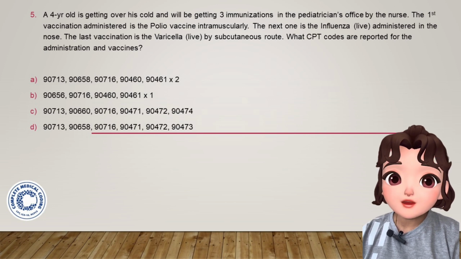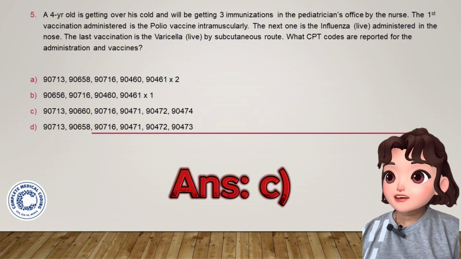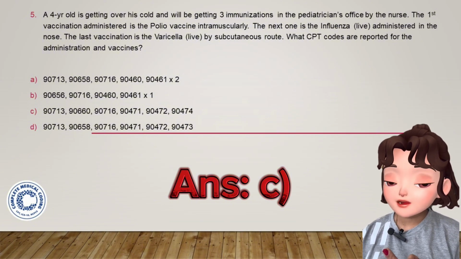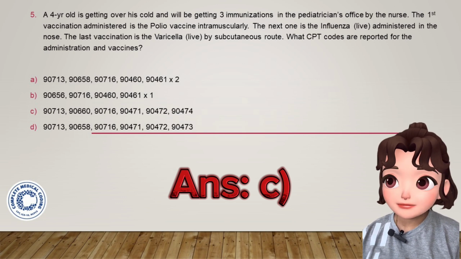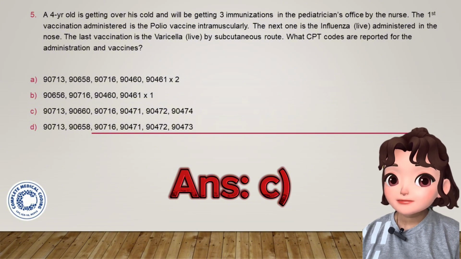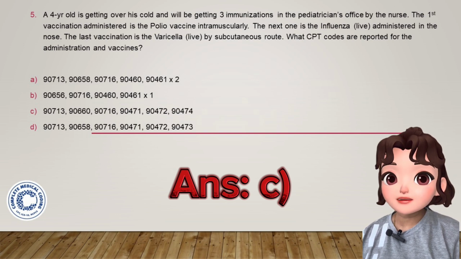Same as mentioned in option C. So our answer will be option C. The first three codes are for the three vaccines: polio, influenza live, varicella live. And the next three are for the administration of these three vaccines. One is intramuscular, one is subcutaneous, and the other one is intranasal. So the answer will be option C.